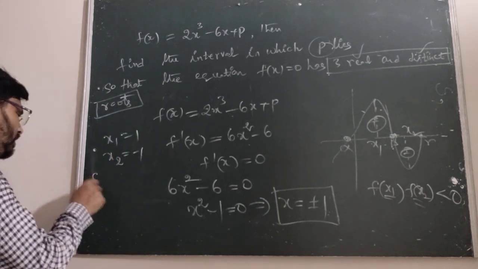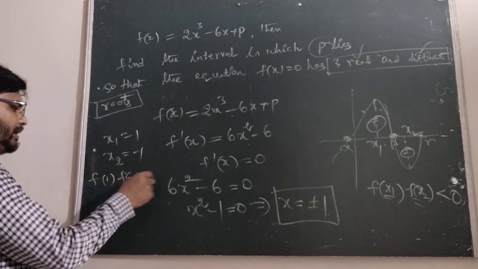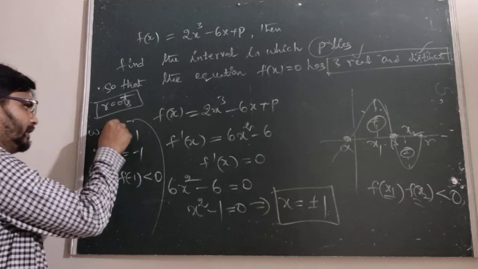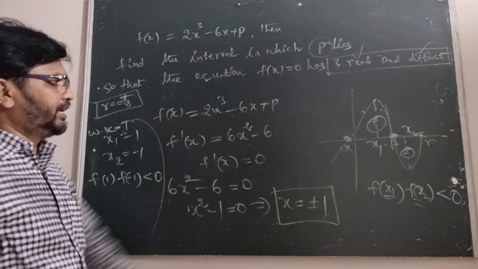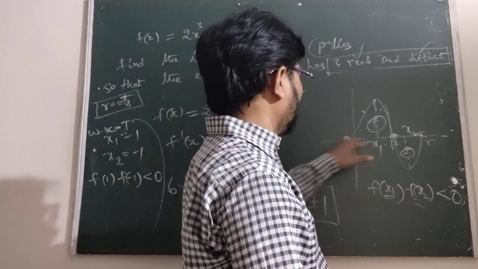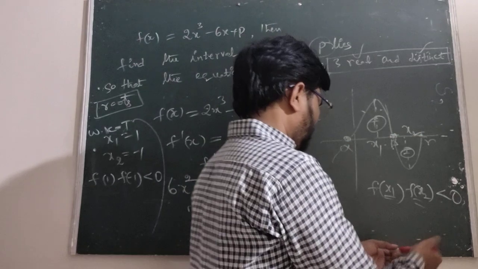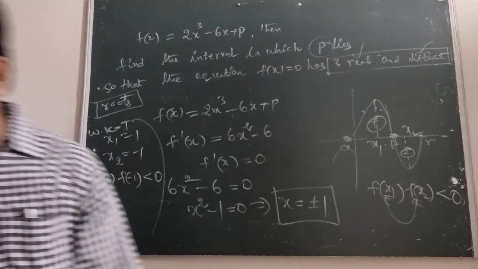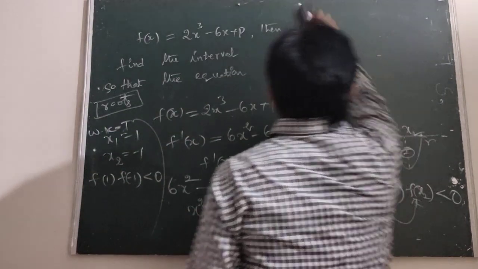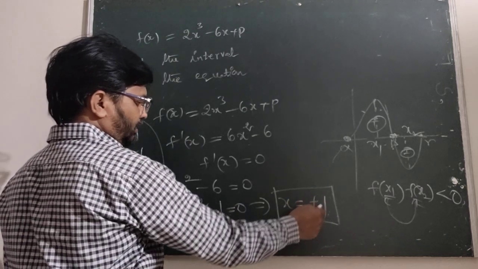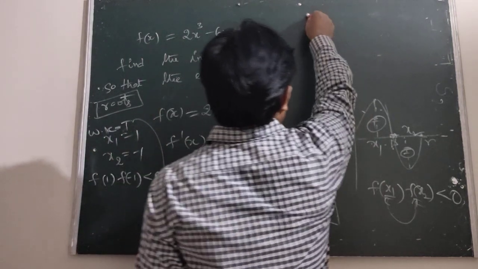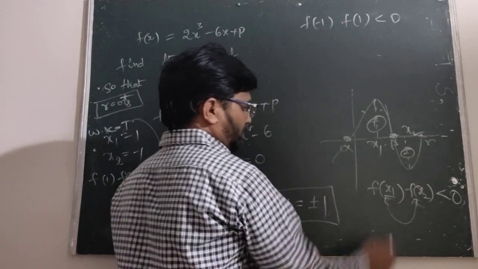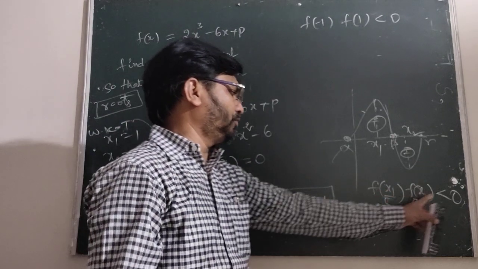Now we can write f(1)·f(-1) less than 0. We know that when it has three real roots that are distinct, f(x1)·f(x2) is less than 0.